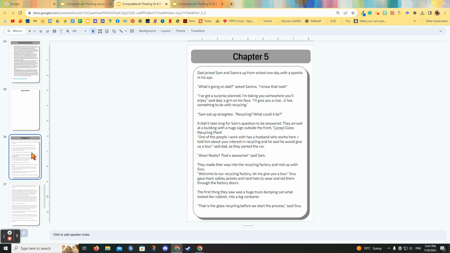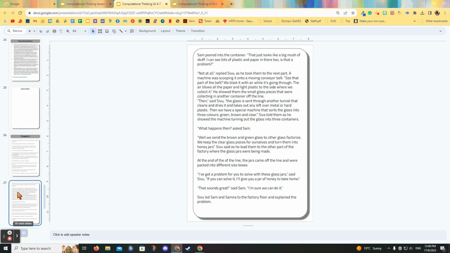Then in chapter 5, they're talking about going to visit a glass recycling plant and looking at how glass recycling happens. They're talking about how the glass can be divided, how the machine separates the brown and green glass from the clear glass.